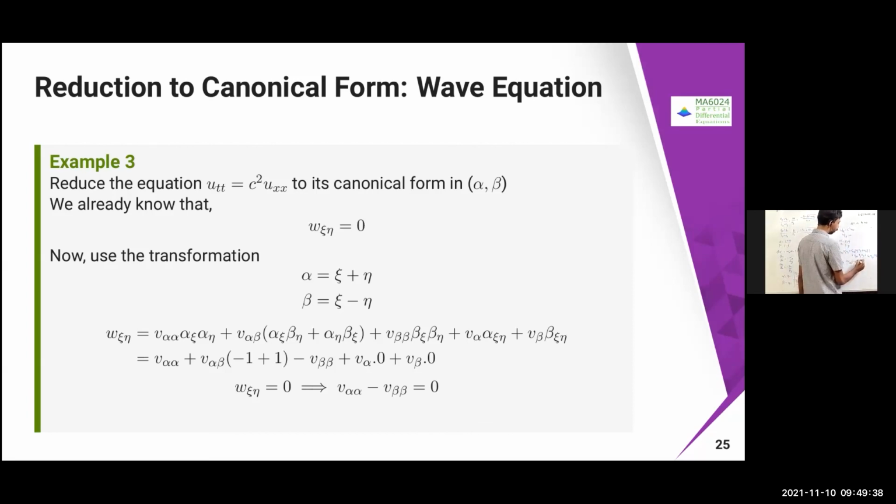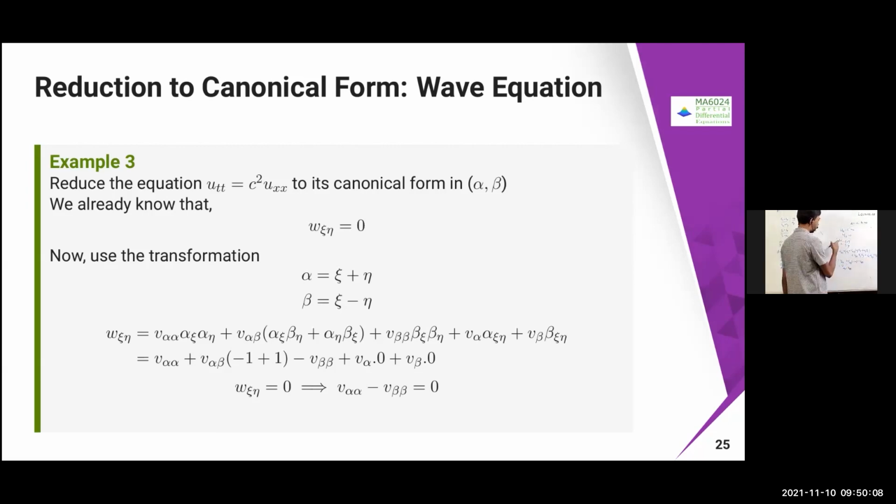And then plus v beta beta, beta chi is 1, beta eta is minus 1, therefore minus 1. Taking alpha chi with respect to eta gives 0, and beta chi eta is 0, therefore that is not going to be there. So this becomes v alpha alpha minus v beta beta.